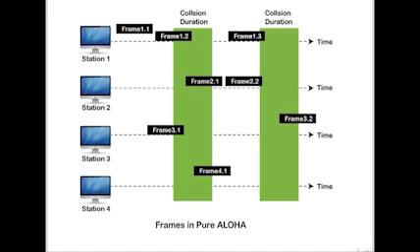For example, we have several stations: station 1, station 2, station 3, station 4. If each station transmits at the same time on the same network, a collision will happen. To avoid this collision, each station can transmit in sequential form.